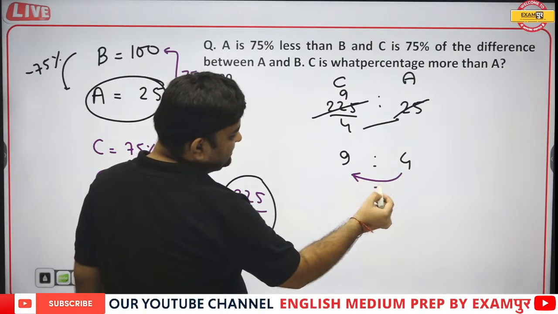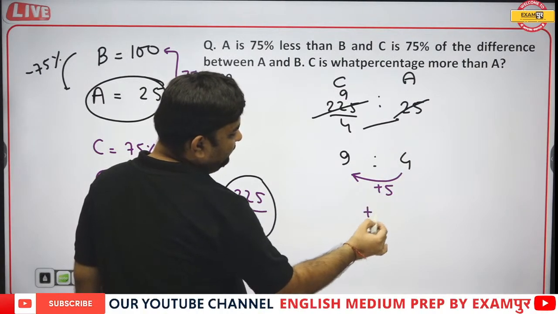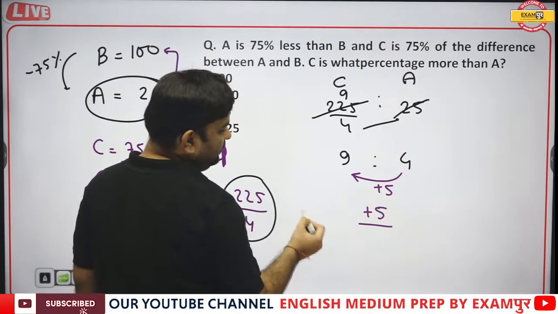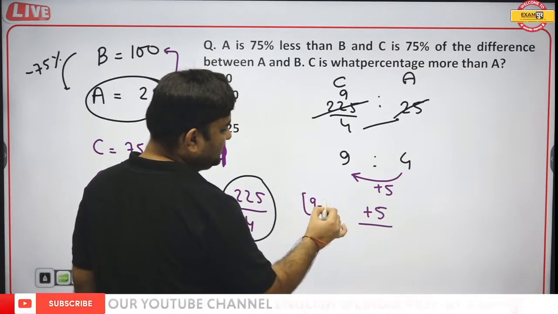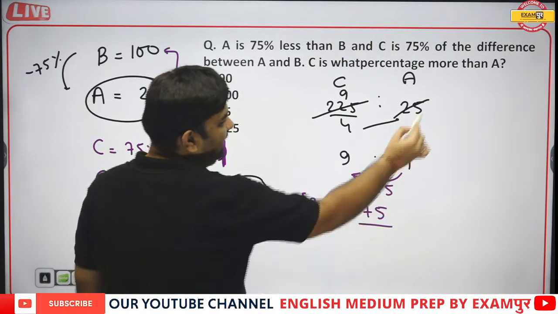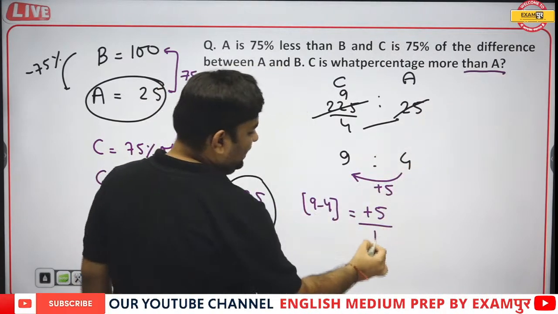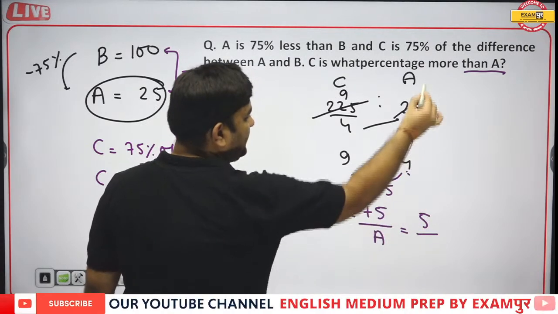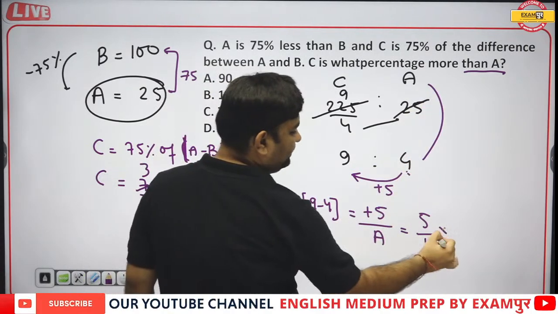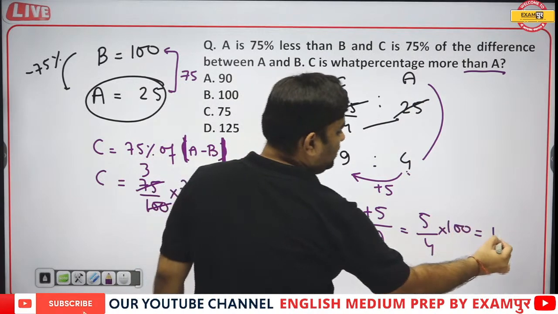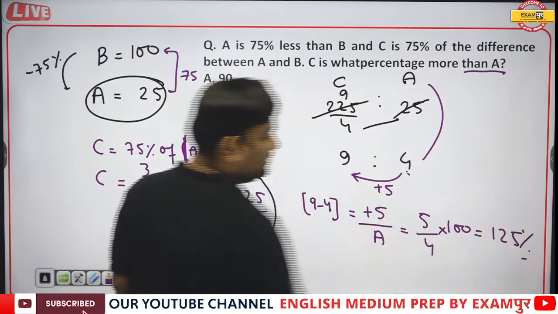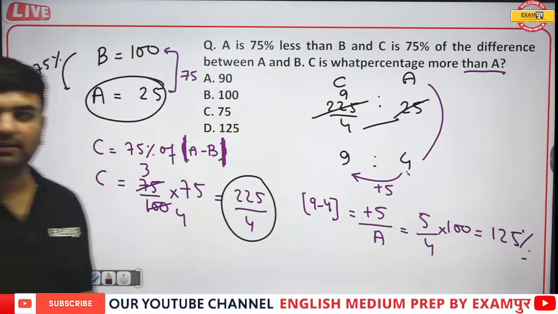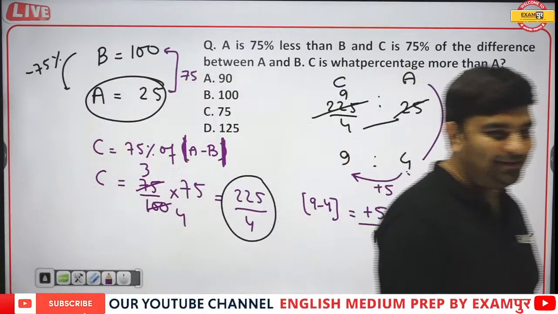You will say, sir, it is 5 more, which comes from 9 minus 4. Then the comparison is from A. 5 over A, which is 4. 125%.